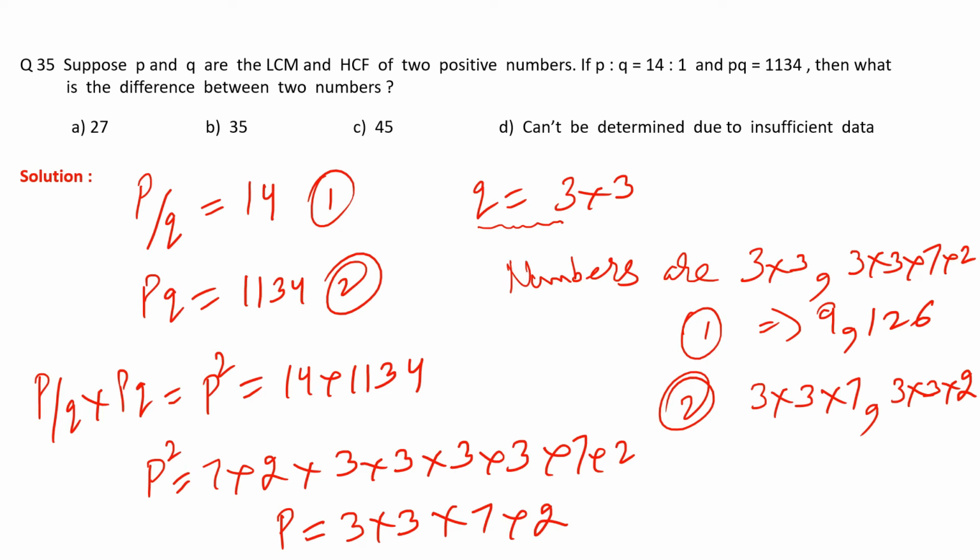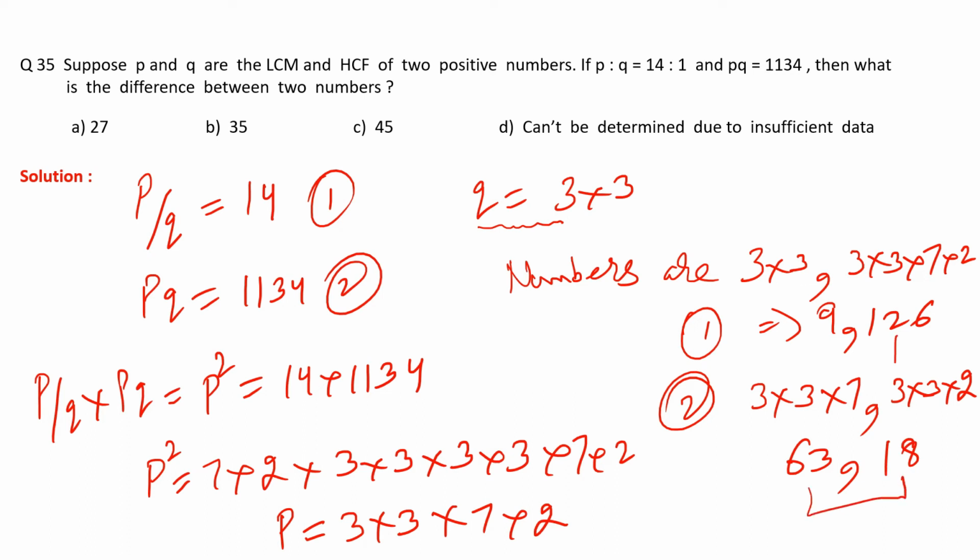Right? 7 cannot be contained by both the numbers. Similarly, 2 cannot be contained by both the numbers. So if one number contains 7, the other has to have 2 as a factor. So the numbers now become 63 and 18. Now, if we find their difference, it comes out to be 45.